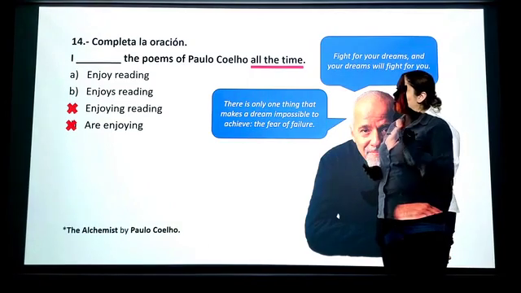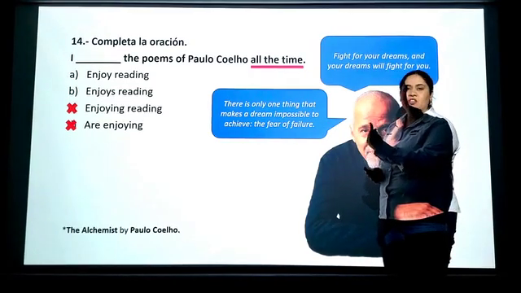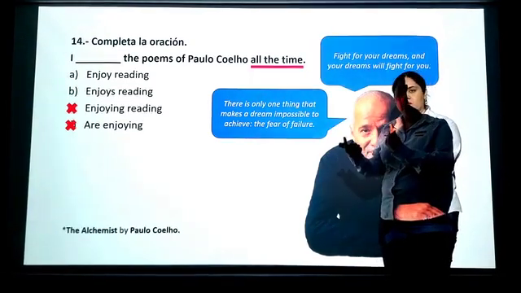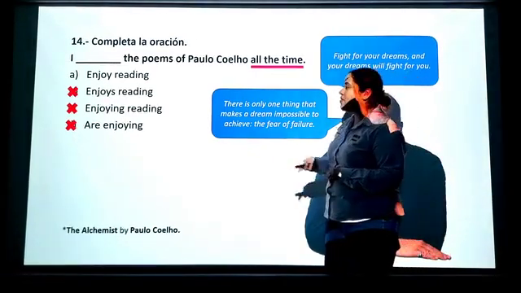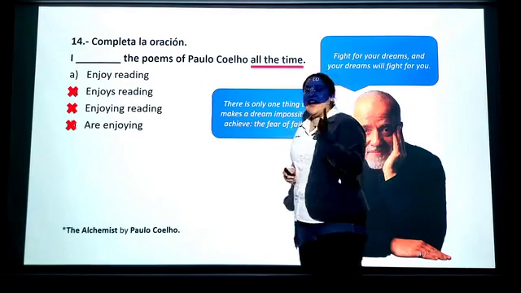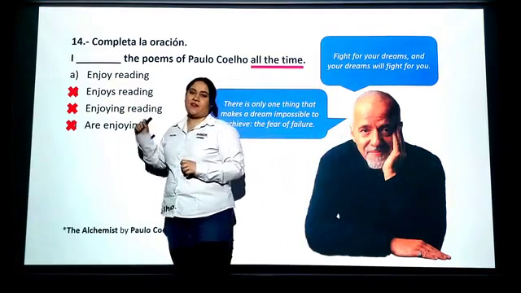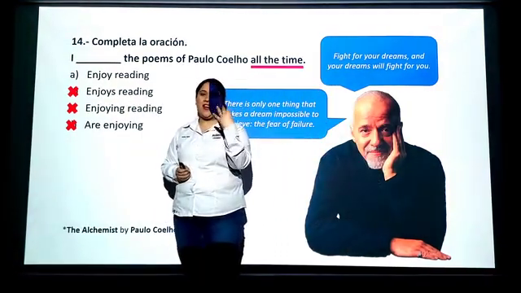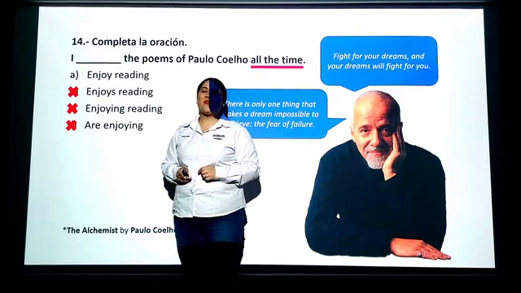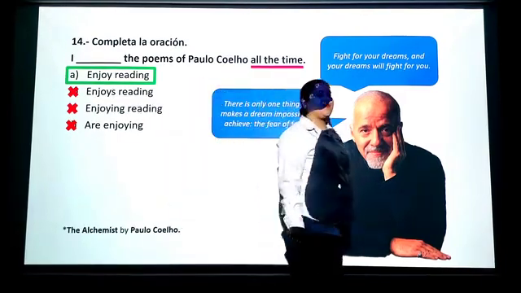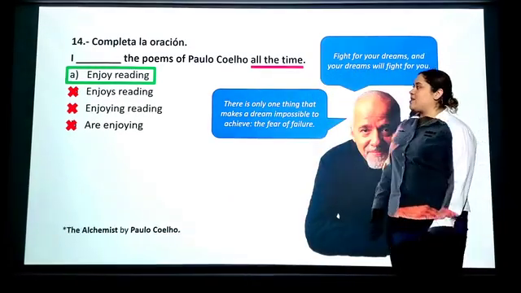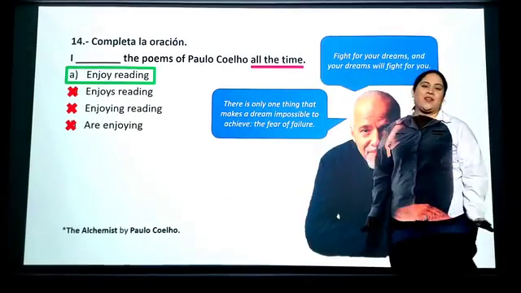And it says, I enjoy or I enjoys? I enjoy. We're going to eliminate this one. The S is used exclusively for he, she, and it. One more time, I'm repeating this information. So, we choose this one, and we have, I enjoy reading the poems of Paulo Coelho all the time.